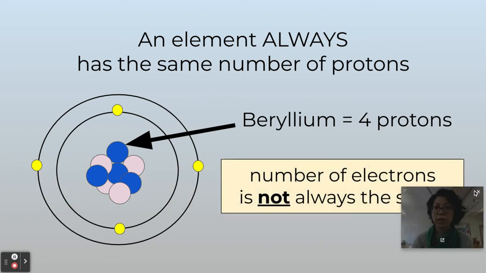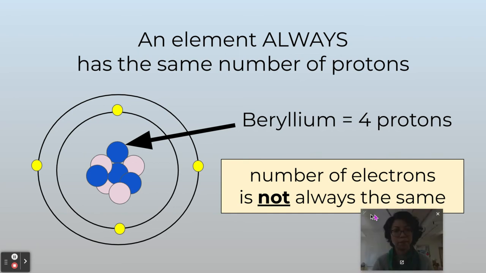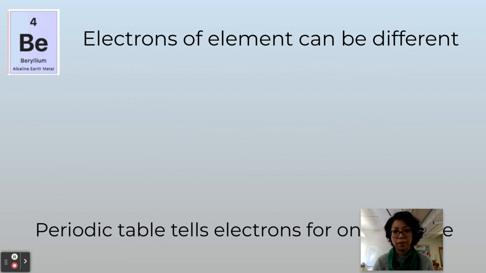It's always going to have 4 protons, but the number of electrons can be different. So protons, always the same. Electrons, not always the same. That's kind of what today's about, okay?